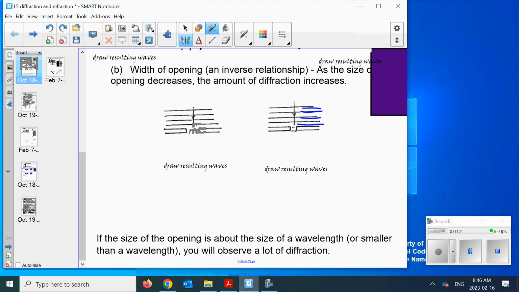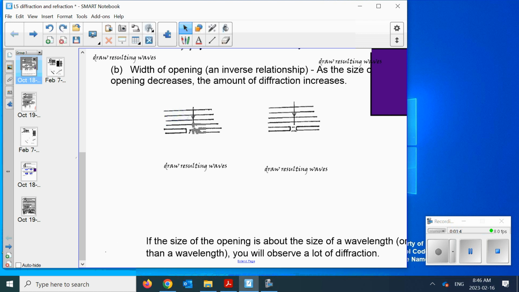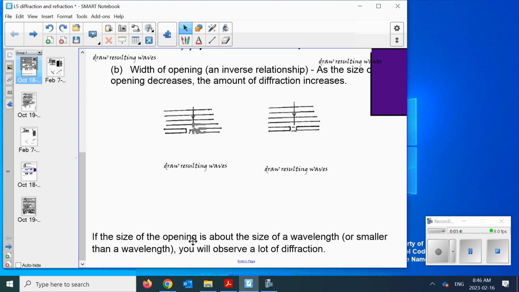The wavelength doesn't change. What happens here, though, is if the width of the opening is about the size of the wavelength or smaller than the wavelength, you're going to observe a lot of diffraction.